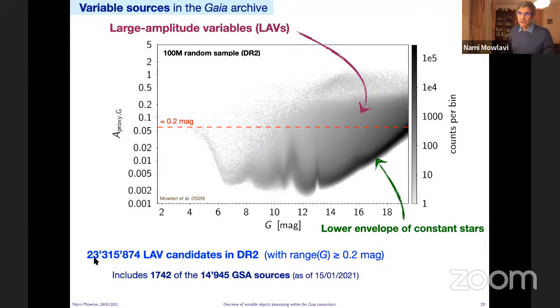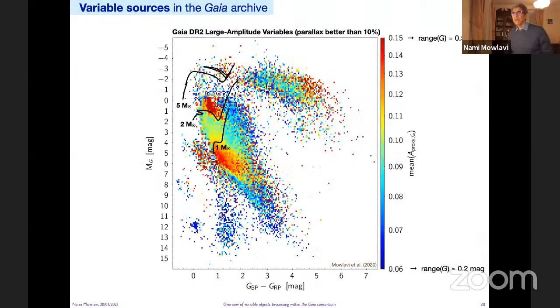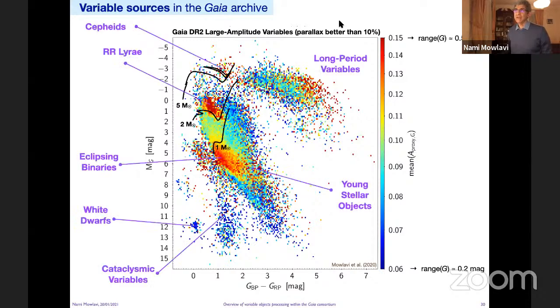In DR2, there are 23 million candidates for these stars. And beautifully, the amplitude proxy distribution in the HR diagram is shown here, where the red are the largest amplitudes, and you recognize here long period variables. RR Lyrae are here, Cepheids are here, eclipsing binaries are there, and you can easily find other types of variables.